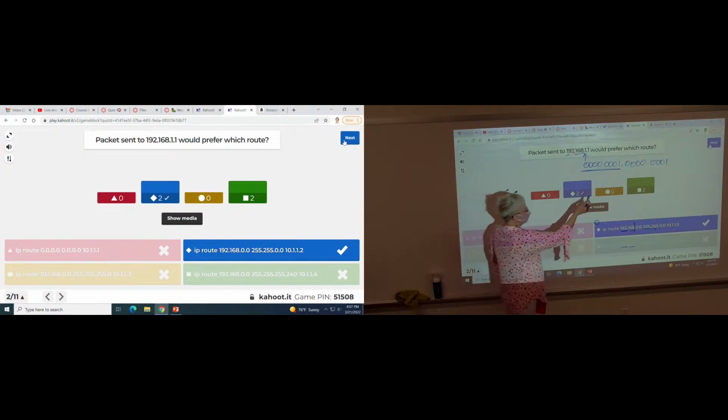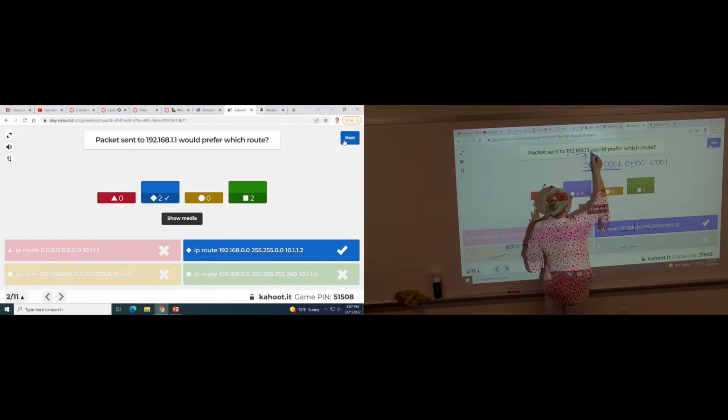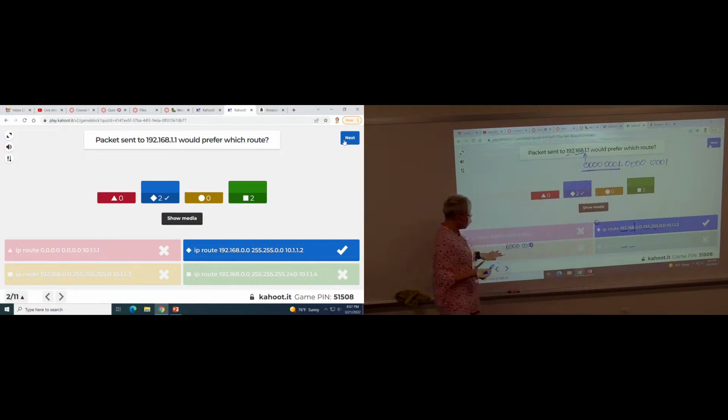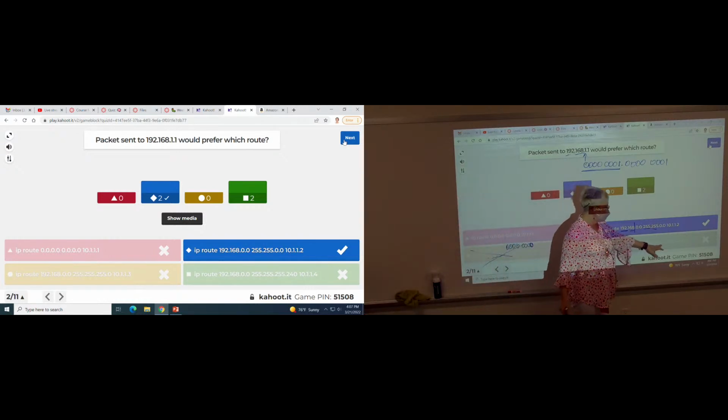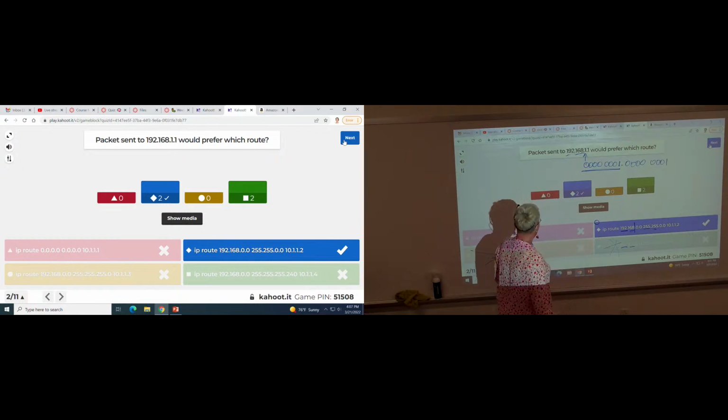I've got a 0, but I have a 1, right? So automatically I've got a what? I've got a mismatch, yeah, so this one won't work. Well, if this /24 doesn't work, I can assume that the /28 is also going to have the same problem, right? I'm going to get a mismatch as soon as I get to that one. So this one also does not work, okay?